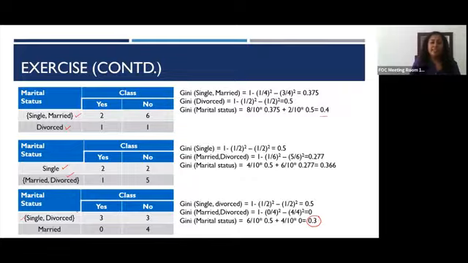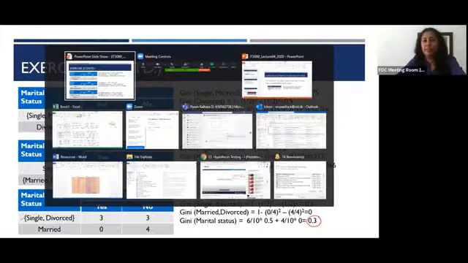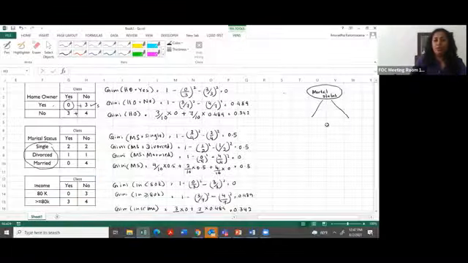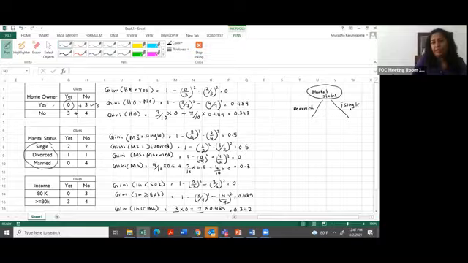Right. Then that is how you should break your branches. Okay, let's go to the Excel sheets once again. You have to have married in a separate branch, and single and divorced in a separate branch. Now let's look at this one. Single, divorced and married. If it is married, is the decision clear?